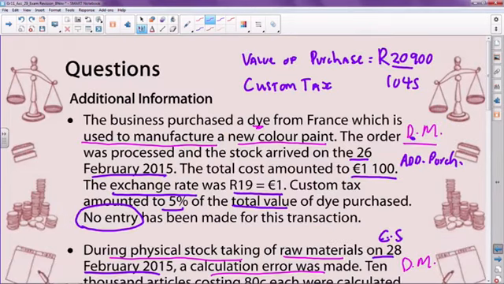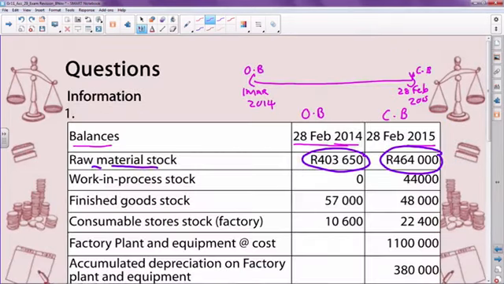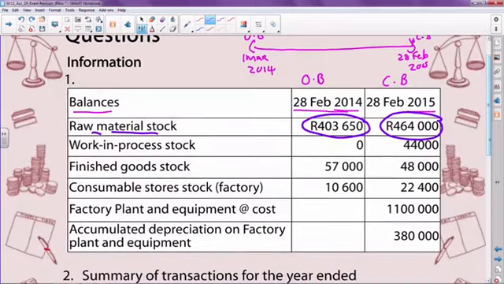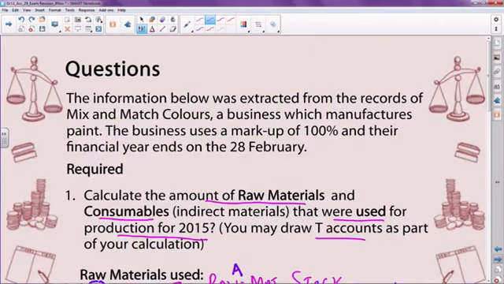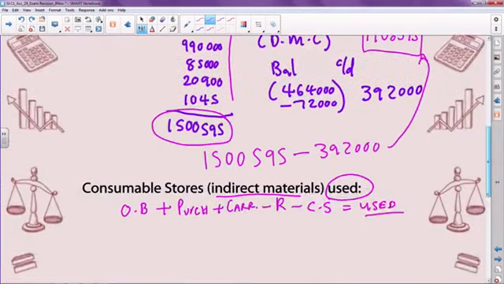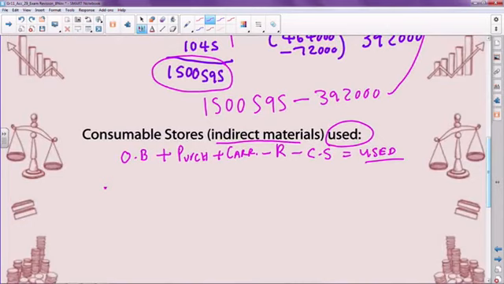Right, let's go to opening stock. So at the beginning of the year, okay, so there's my opening balance. So my consumable stores stock at the beginning of the year, 10,600. So let's take that through. Okay, 10,600.